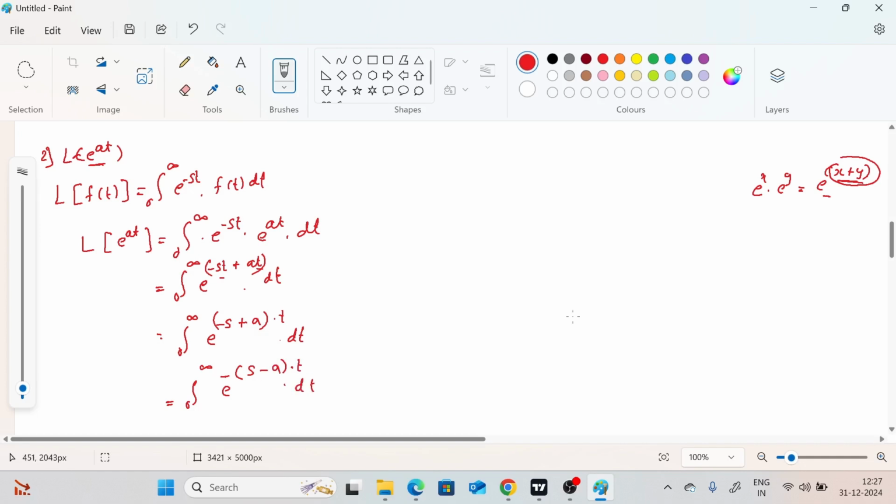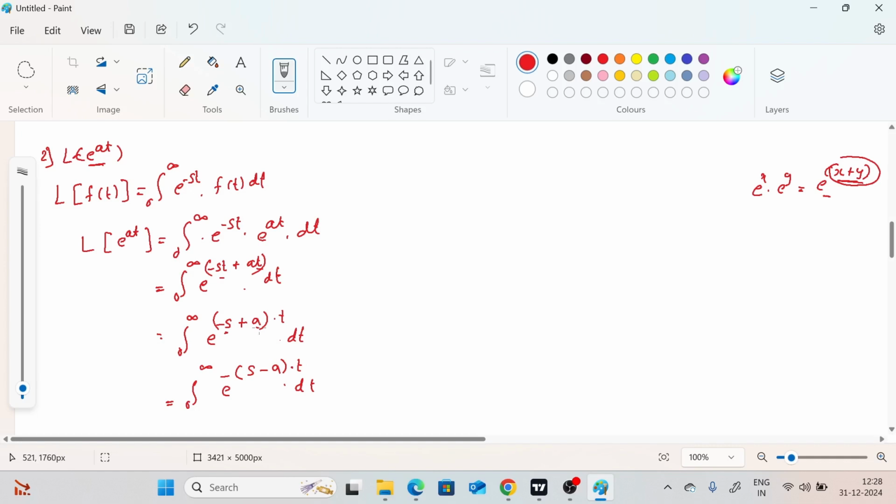If you take the minus common, the value will not change. If you multiply minus in the bracket, minus s stays as it is, and minus into minus gives plus a. So we are getting the same value. No need to worry about that.